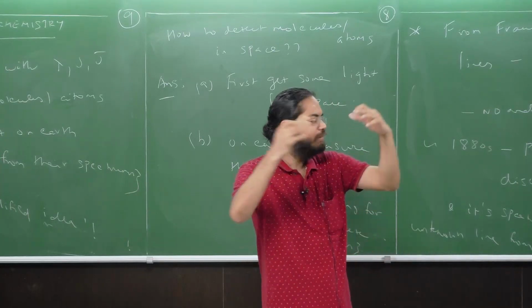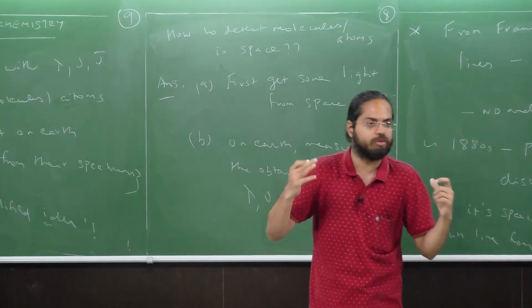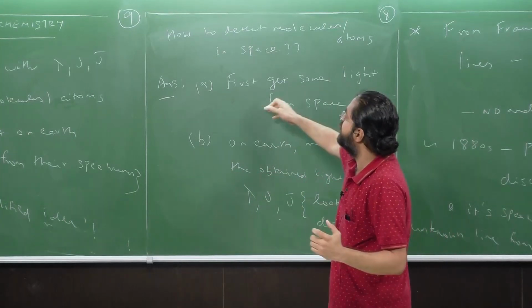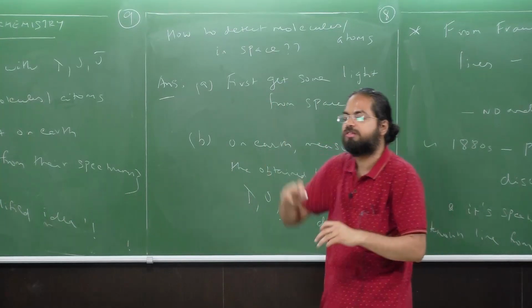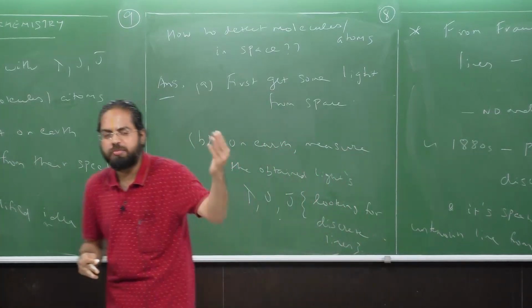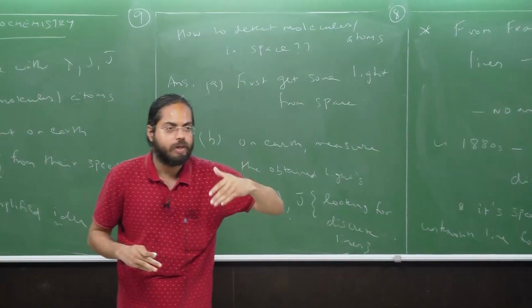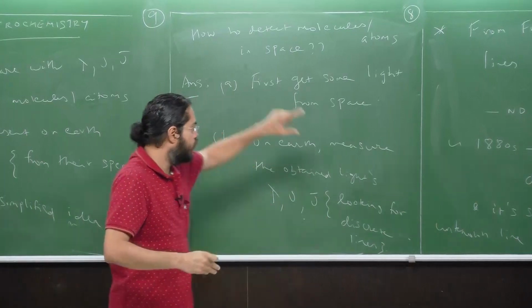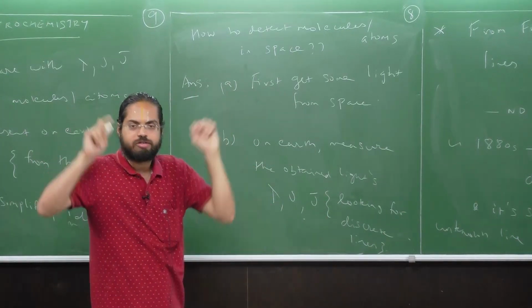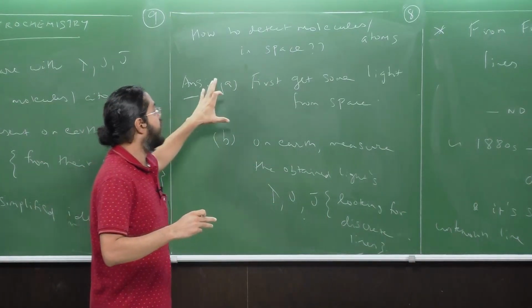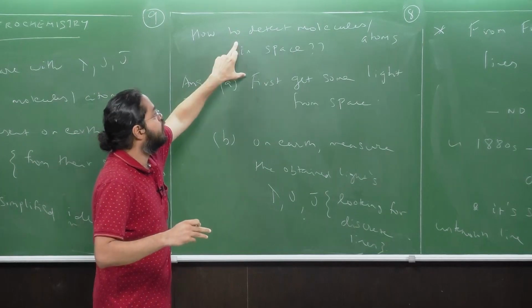In fact, the whole branch of spectroscopy, when combined with telescopy, is called radio astronomy. Approximately in one or two lectures subsequent to this one, we shall be looking into that area, called radio astronomy. So we can actually detect all the molecules in space.